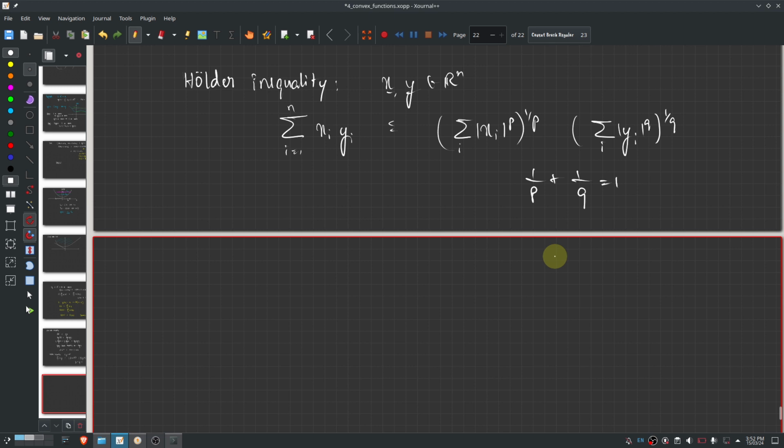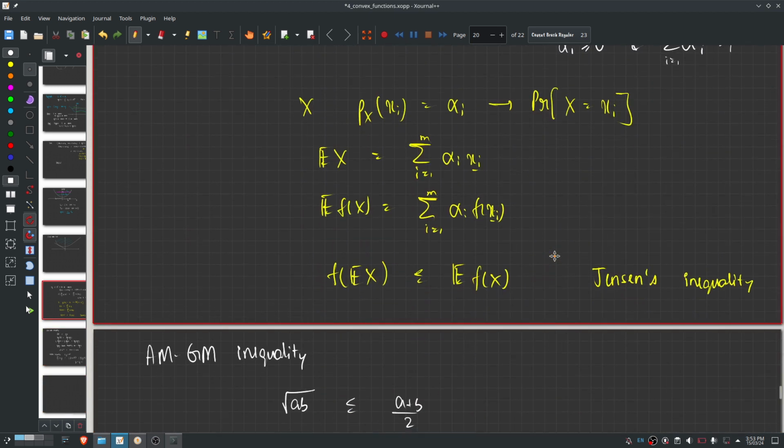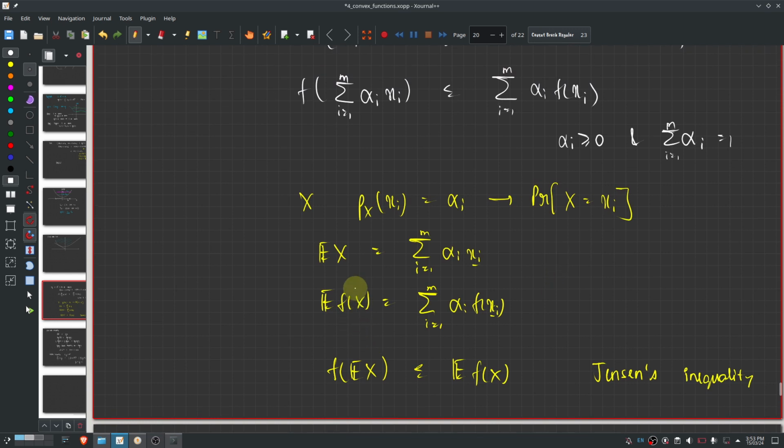In fact, one other point I'd like to make regarding Jensen's inequality is that in this case we took expectation of discrete random variables, but in fact this can be generalized to continuous random variables as well. So this statement holds not just for discrete random variables, which was what we used to define convex combinations.